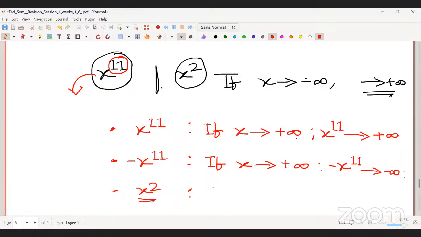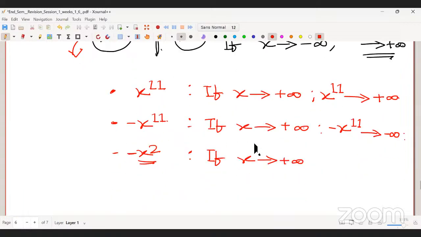No, minus x square, sir. When it is minus x square, now when x tends to positive, y will tend to negative, right? You take a positive number 1.